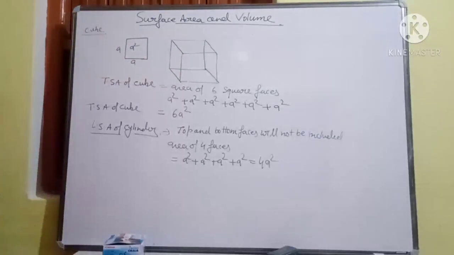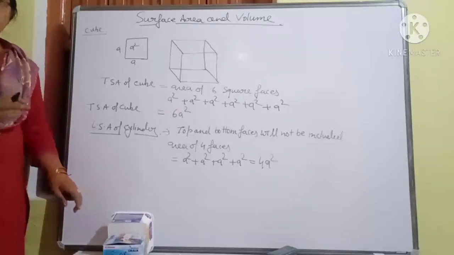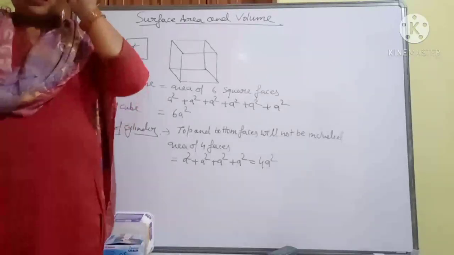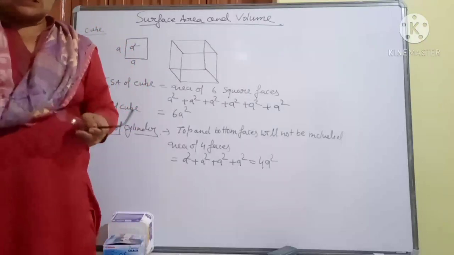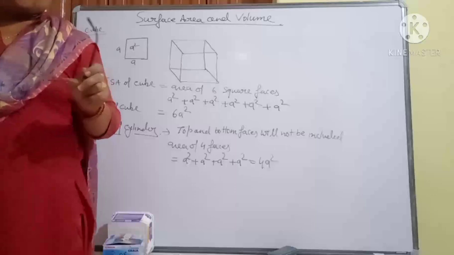4A square. For example, see that I am standing in this room, and suppose the roof and the floor are not included. So what will remain in this room? Only 4 walls will remain.